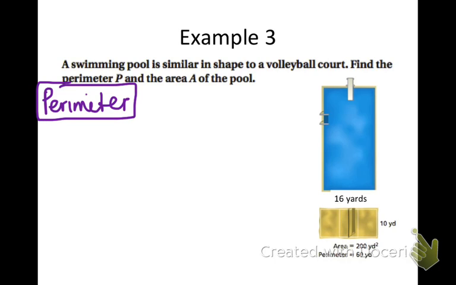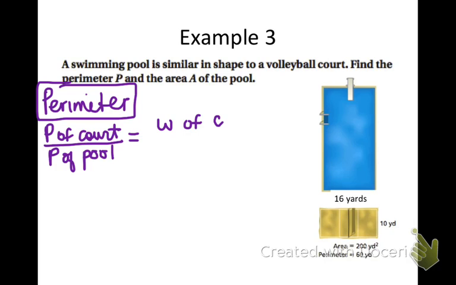We know that the perimeter of the court to the perimeter of the pool will be equal to the width of the court and the width of the pool. Okay, so we're given those numbers.